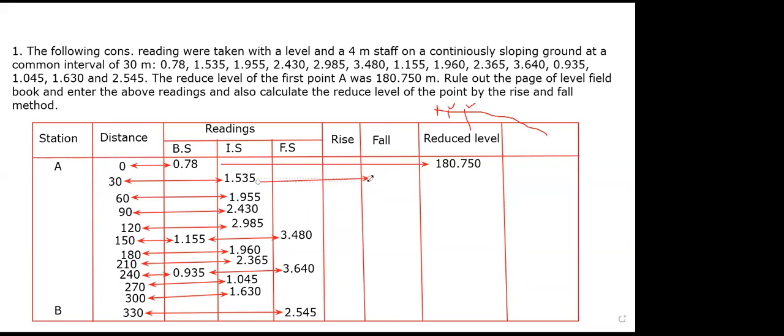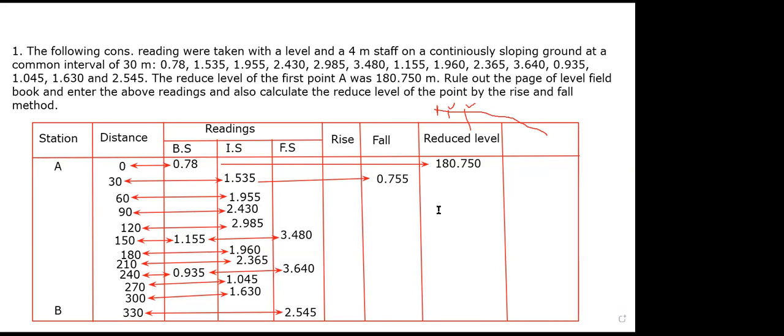How can you calculate the fall value? That is 1.535 minus 0.78. Very good. IS minus BS is the fall value. So what is the difference of IS minus BS? That is 0.755, I think. Yes, sir. 0.755. Yes.